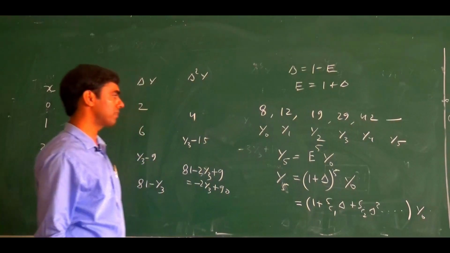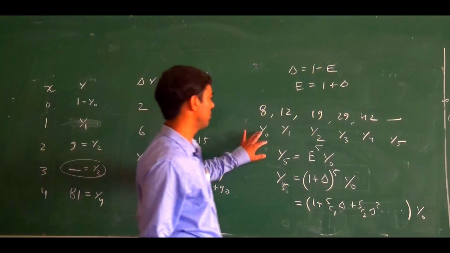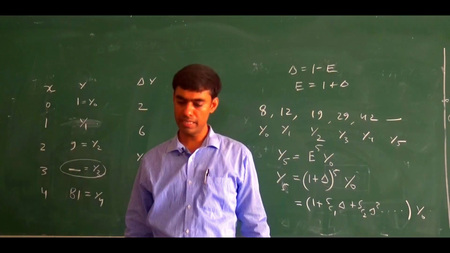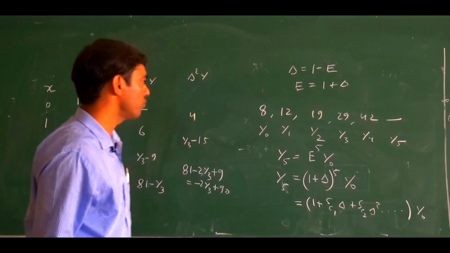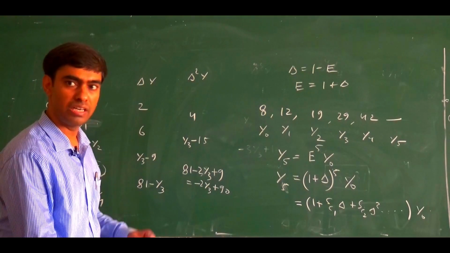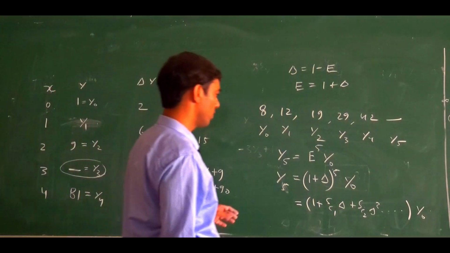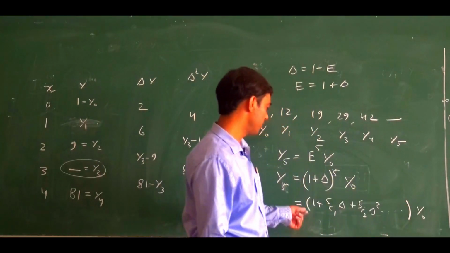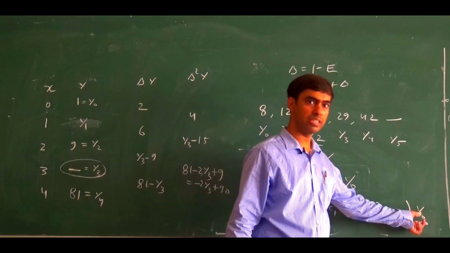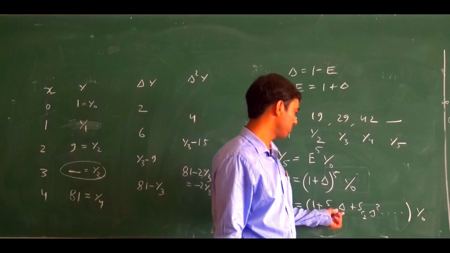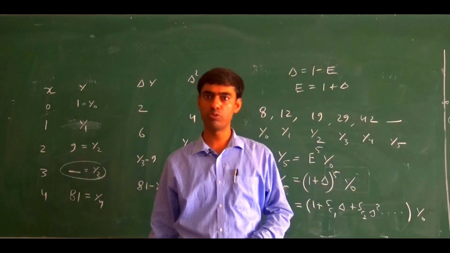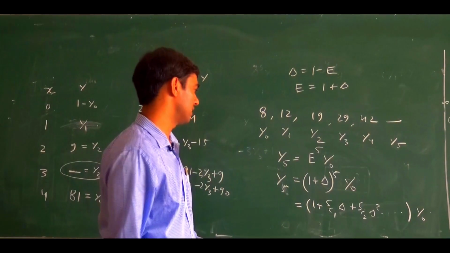So how many terms are required? Because there are 5 known values, only then will we be able to find up to the fourth order difference. So here we only need fourth order differences. That means we can find the zeroth difference, the first order difference, the second order, similarly up to the fourth order differences.